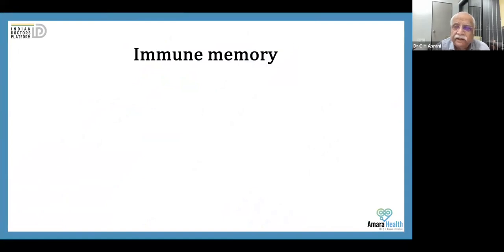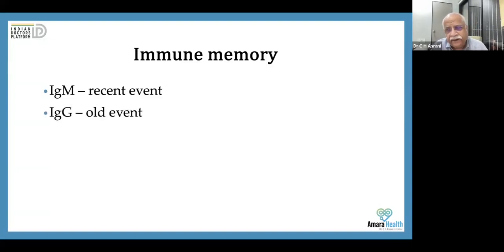Then every human body has immune memory. IgM is a recent event. We all know dengue IgM means ongoing active disease. IgG is an old event. IgE is basically for skin and nasal allergy. We check IgE when we have a chronic allergy case.